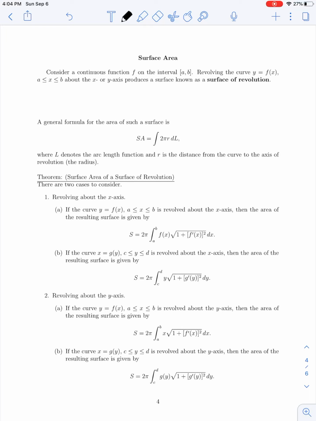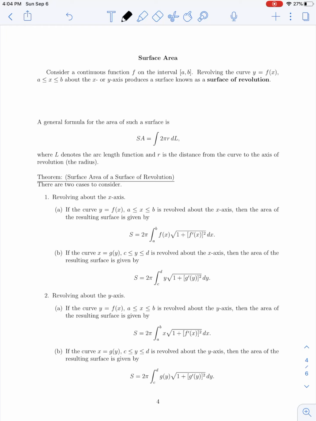So if we take a curve in the plane and we revolve it about an x or y-axis, we produce a surface, which would be the surface of a solid of revolution, and it's called a surface of revolution. And the question that we're going to pose in this lecture is, what is the area of that resulting surface?